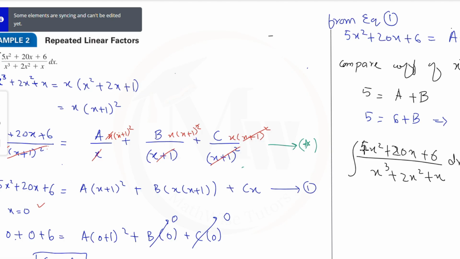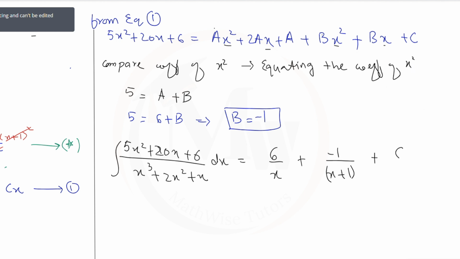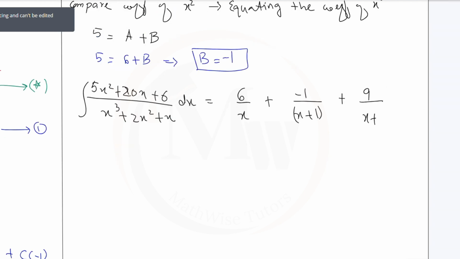This is the left side term, and now on the right side, this is a over x, a is 6, plus b over x plus 1, b is minus 1, so minus 1 over x plus 1, and plus c over x plus 1 square, which is 9 over x plus 1 square.